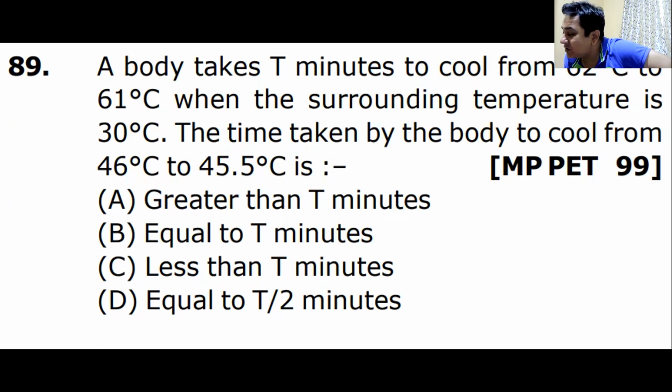A body takes 3 minutes to cool from 62 to 61. Surrounding temperature is 30. The time taken by the body to cool from 46 to 45.5 is how much? Obviously, you can solve this question, but if you do it, try to see which options can be correct.